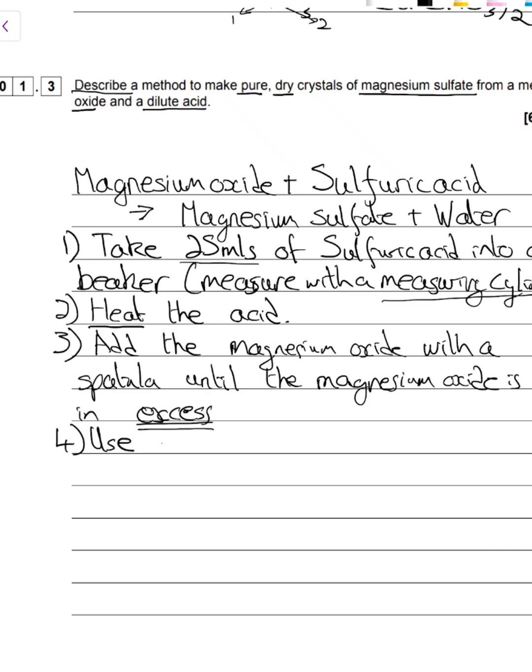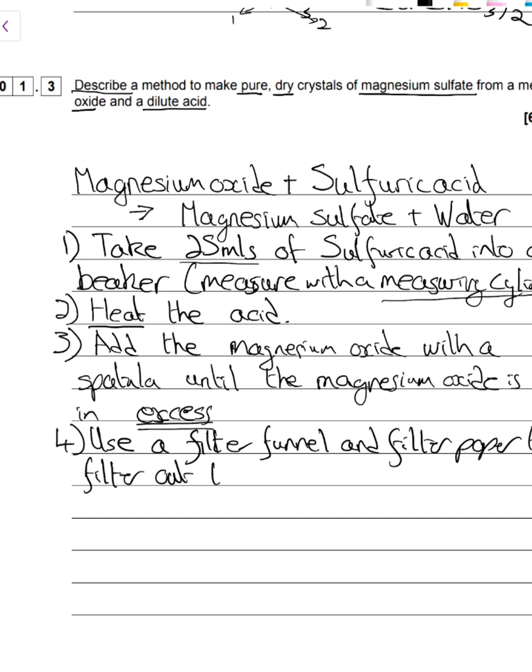So use a filter funnel and filter paper to filter out the excess solid magnesium oxide. So now what we have is a pure solution of magnesium sulfate.